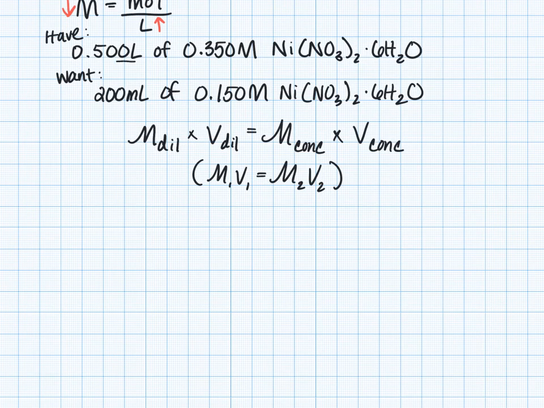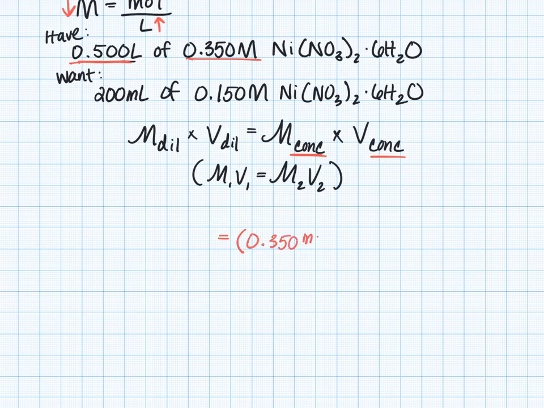So I have a 500 or 0.5 liter solution of 0.350 molar concentration. So that's my M concentrated and V concentrated. So I'm going to plug that in. M is molarity, so I have 0.350.